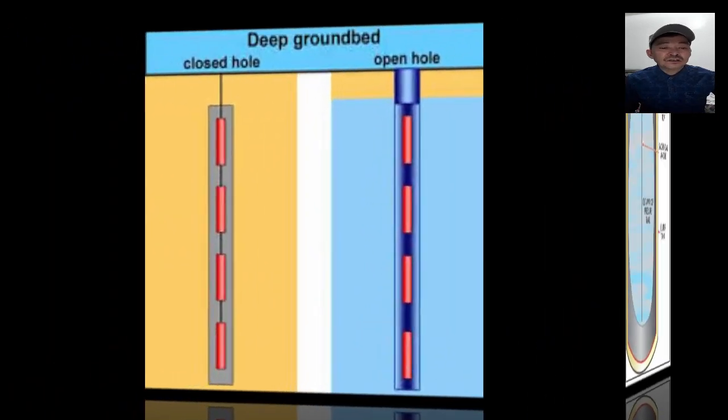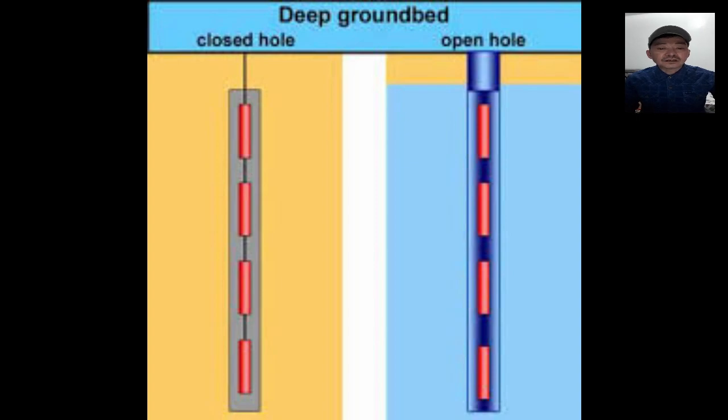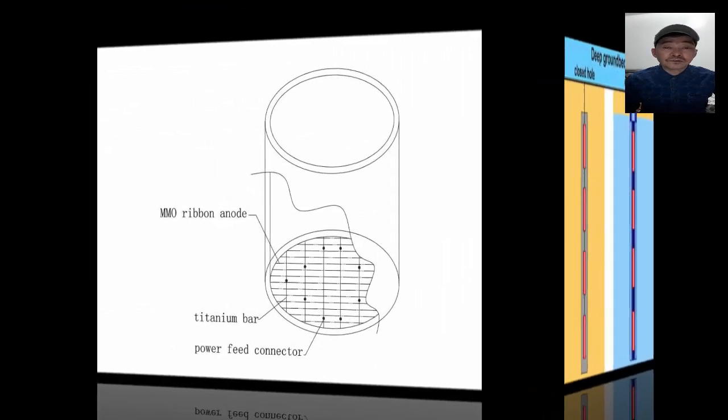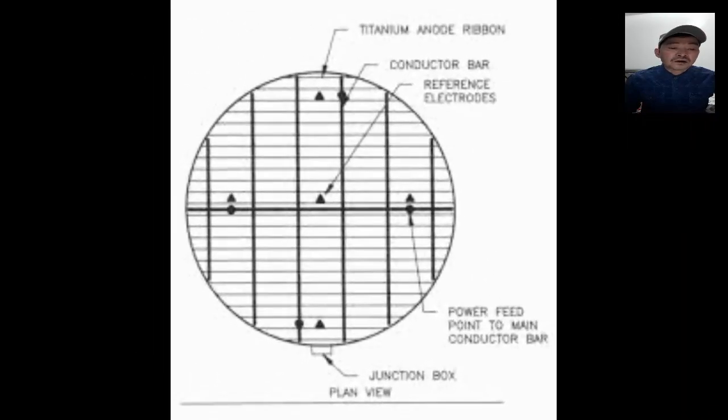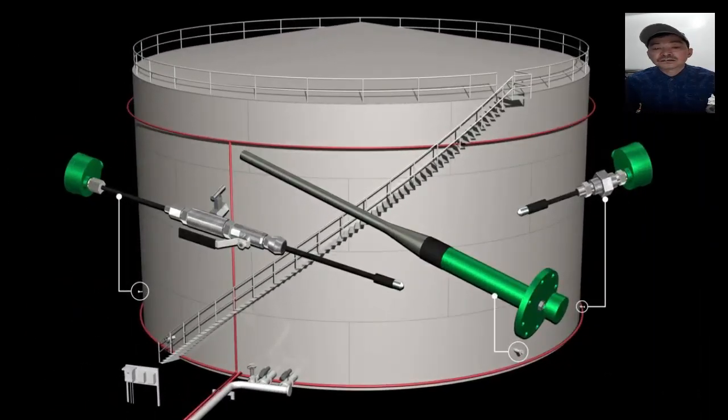Some use deep anodes, and others use anode ribbons and titanium conductor bars. The number or quantities of anodes depend on the volume or size of the tanks. Design considerations were earlier discussed in the previous segments.